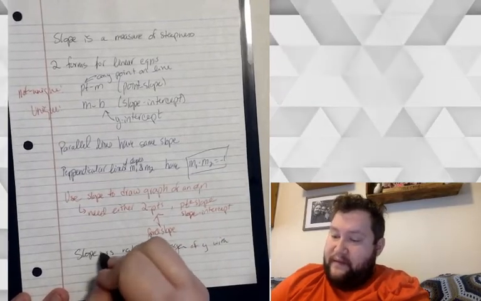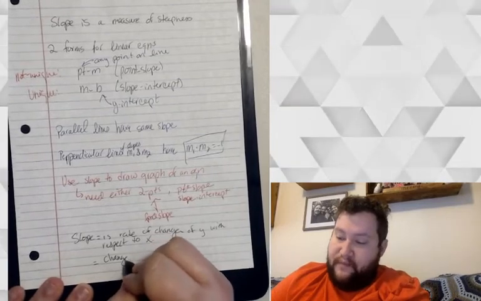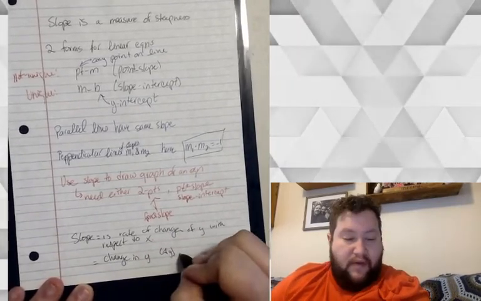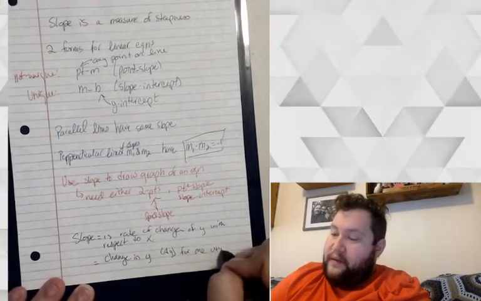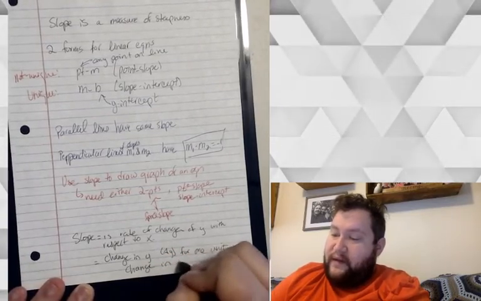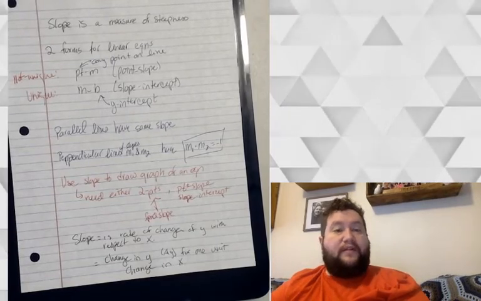That is the change in y. Remember, we wrote that delta y for 1 unit change in x. And so that's just another way we can interpret slope.